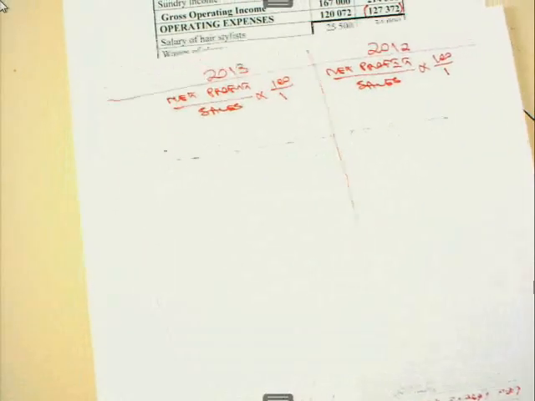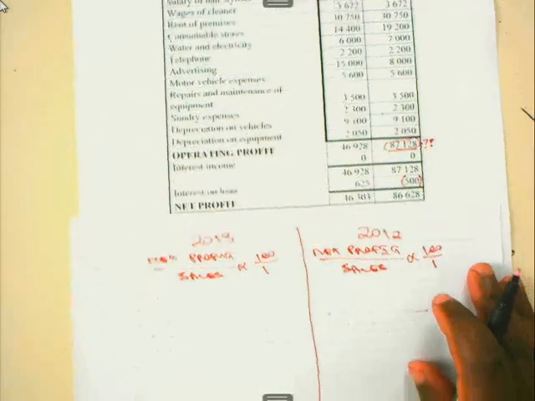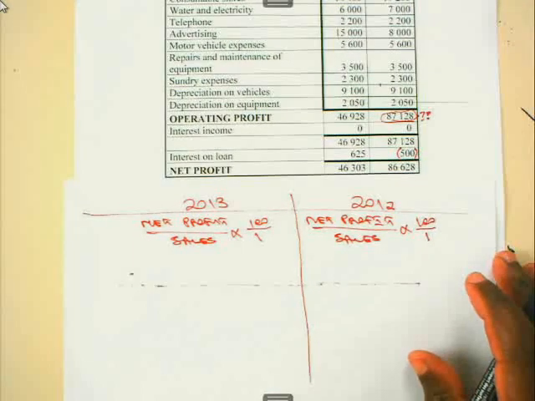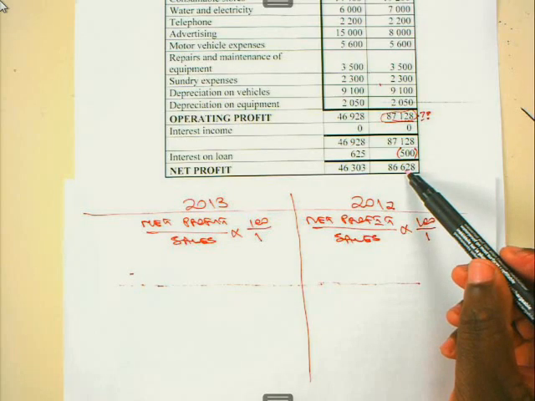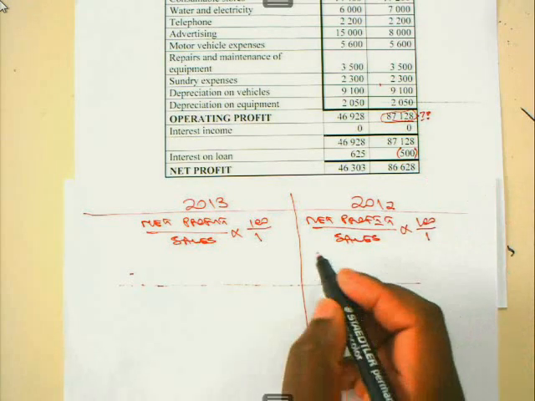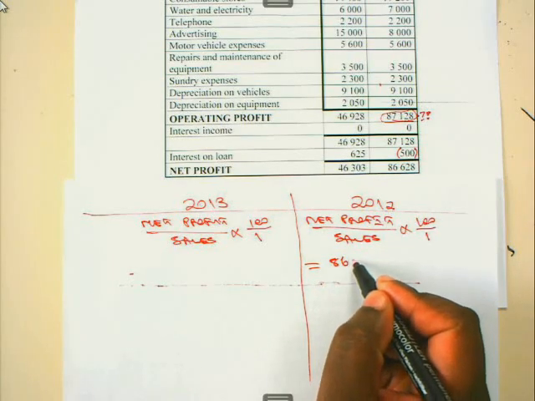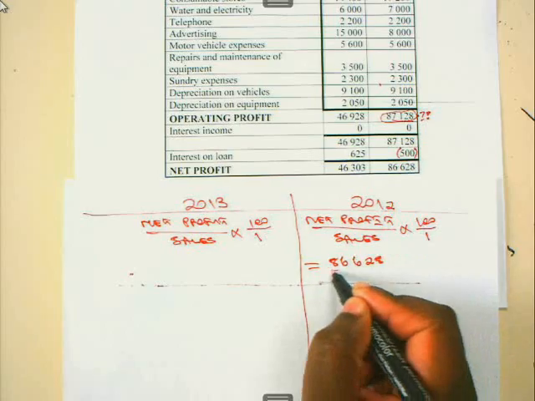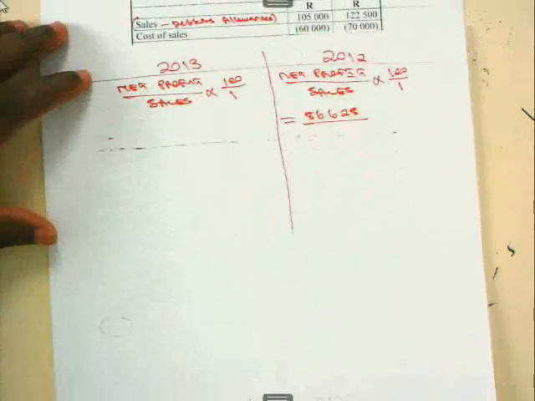Let us check the information as provided. You'll be aware that for 2012, the net profit is 86,628. We'll divide that by the sales of 2012 because we are in the same year.